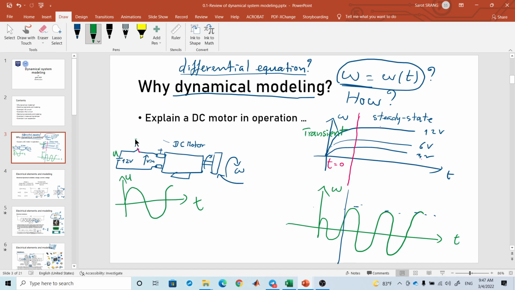Inside here is the electrical part: it has an inductor, a resistor, a back EMF, and then the mechanical part, which is the inertia with the flywheel. And if you have a gearbox, you need to model the gearbox if you want very detailed modeling. So, multi-physics.